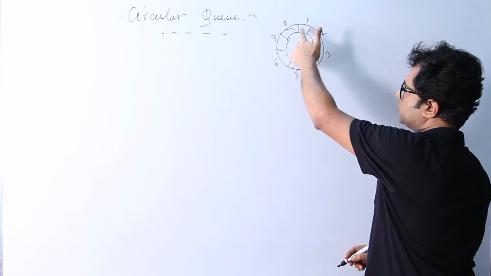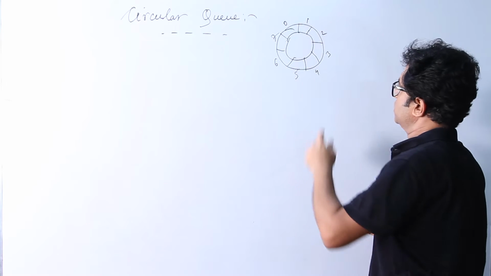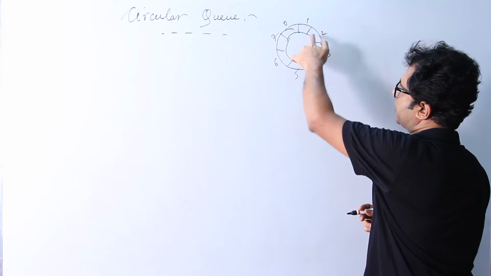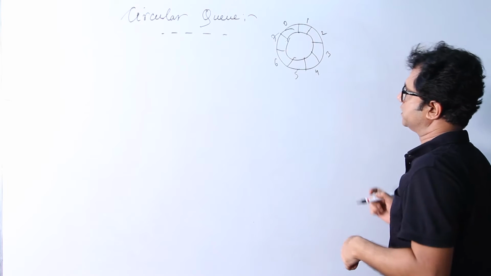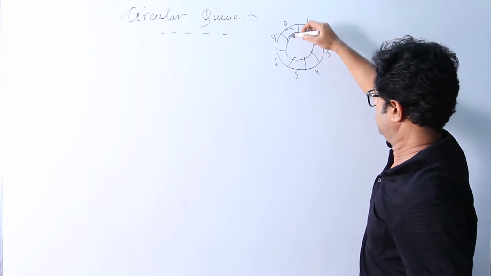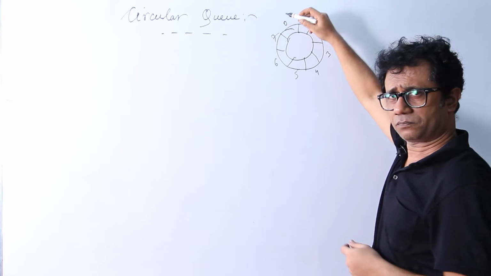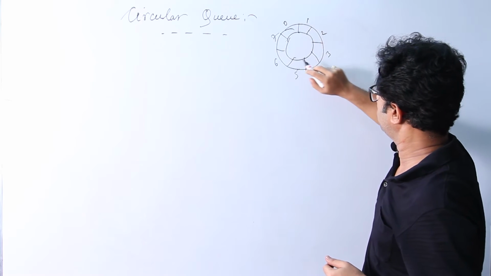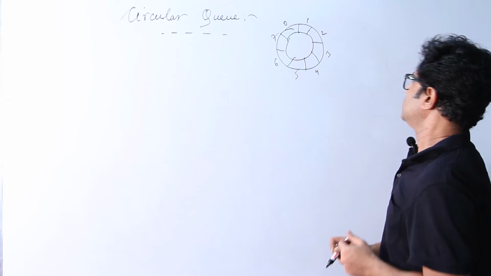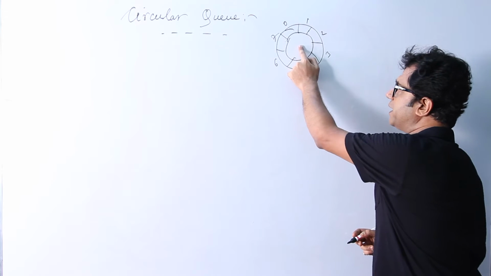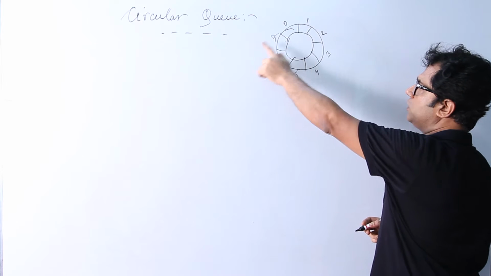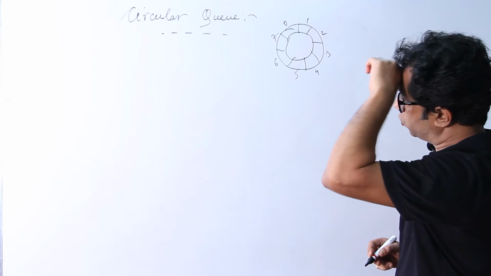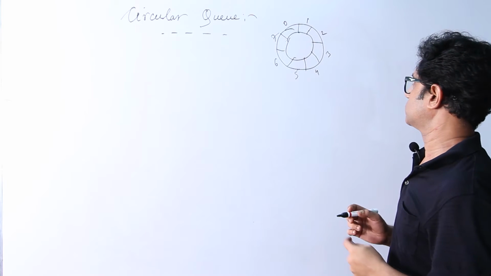This array is called a circular array because it goes in a circular fashion. That is, it starts from 0 and ends at the same point where it started. So we have implemented an array in a circular fashion, and with the help of this we are going to discuss the circular queue data structure. How does that work?